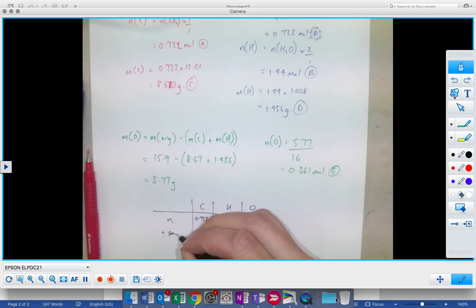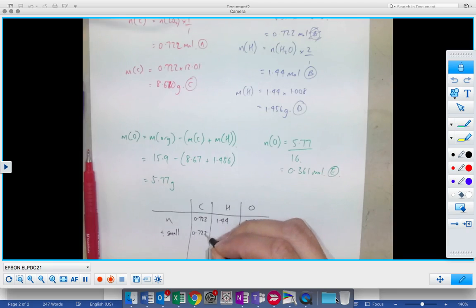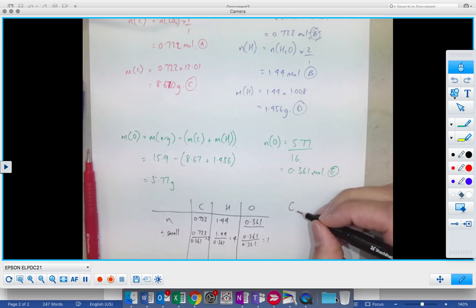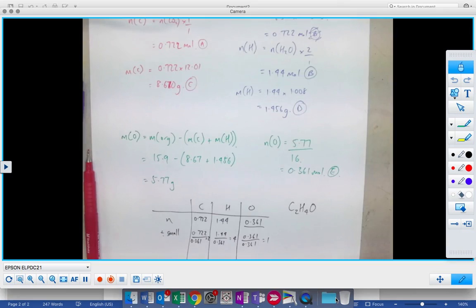I will divide by the smallest, which happens to be this one, so 0.361 over 0.361 happens to be 1, 0.722 over 0.361 happens to be 2, and 1.44 over 0.361 happens to be 4. So now I have the empirical formula, C2H4O. That's how you do empirical formula via combustion.